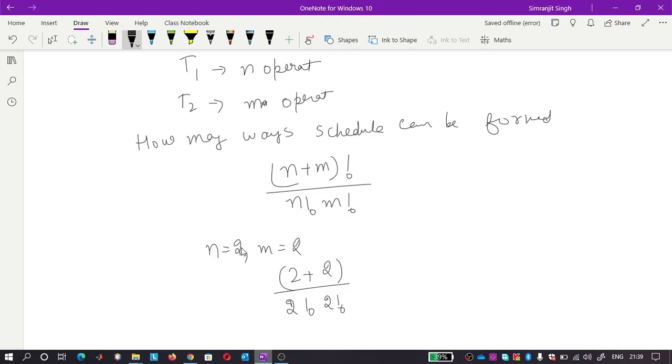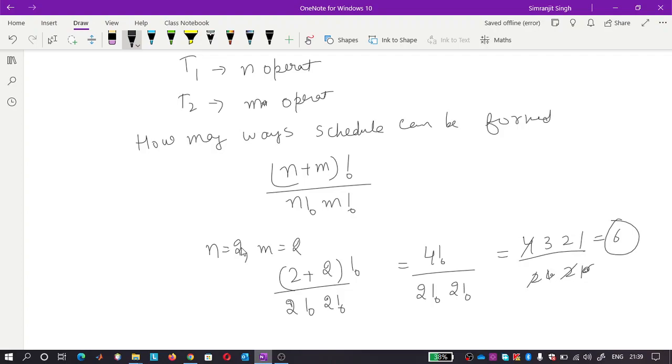So 2 plus 2 is 4 factorial over 2 factorial, 2 factorial. You can solve it: 4, 3, 2, 1 over 2, 1, 2, 1. It is simple: 2 times 2 is 4, and 3 times 2 is 6. So there are a total of 6 schedules.